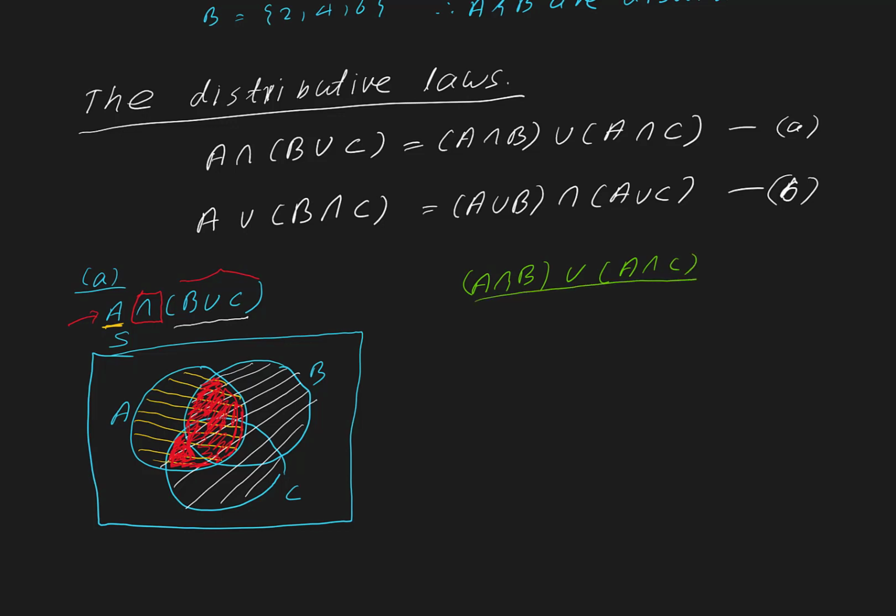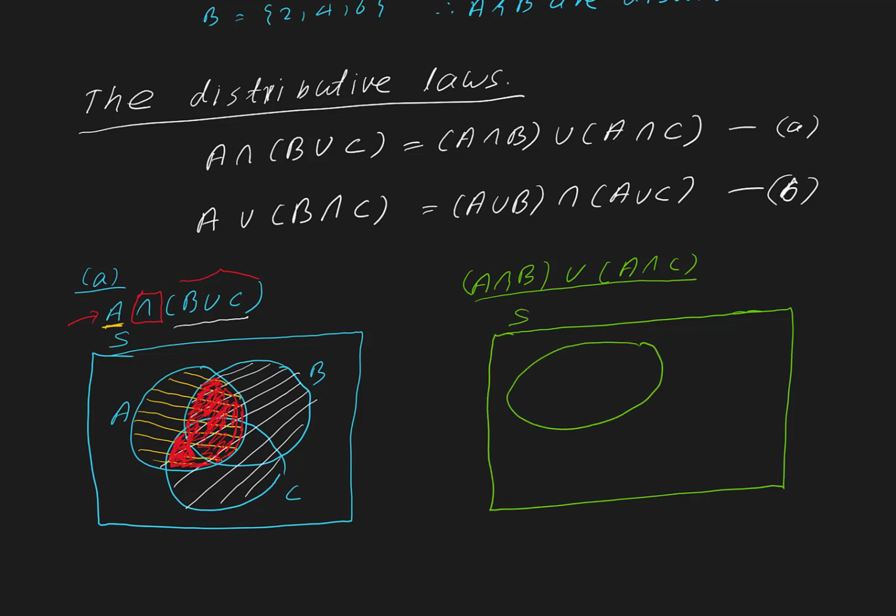Let me check. Again we have S and A, B, C. First one, A intersection B. What does A intersection B mean? That is the common area of A and B, right?